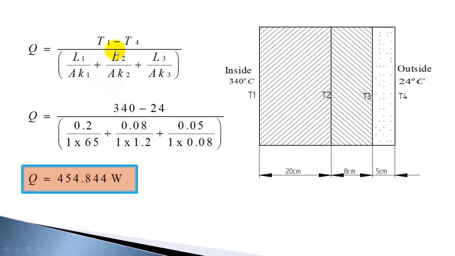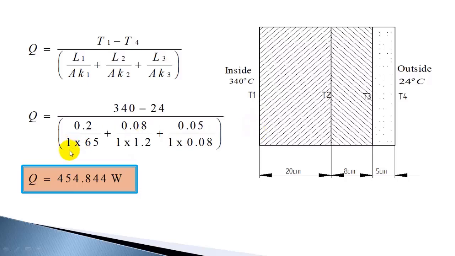Now we can substitute the temperatures, direct substitution. Once you know the formula, you can make direct substitution. T1 is 340 degrees centigrade, T4 is 24 degrees centigrade. So for L1 by AK1, L1 is 0.2, since 20 cm is 0.2 meter, and the area is unit area. Area is not given, so you should find the heat flow per unit area.